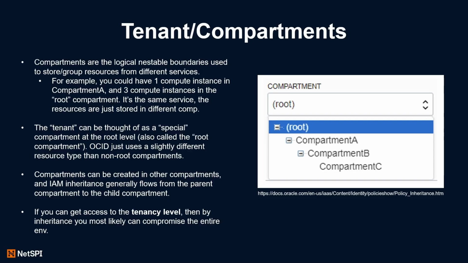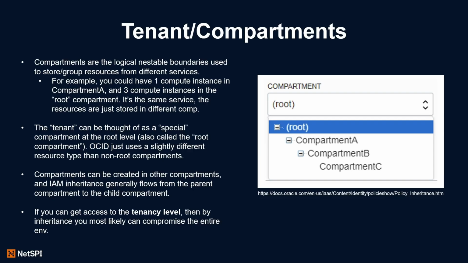So next we're going to talk about tenants and compartments. Compartments are the most atomic building block in terms of OCI structure and the way to organize things. If you're coming from AWS, compartments are like AWS accounts. If you're coming from GCP, compartments are like GCP projects, right? They're basically just purely logical, nestable boundaries used to group resources.